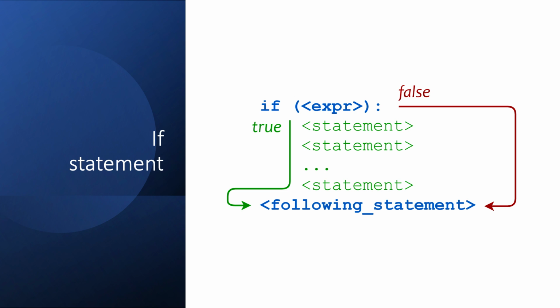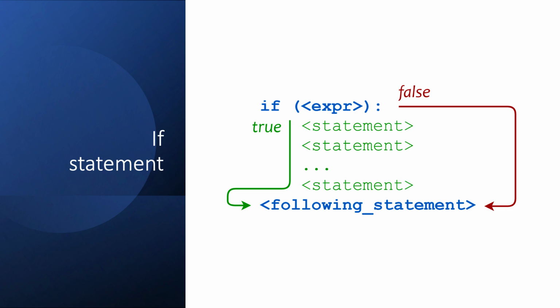If the condition expression evaluates to true, the program executes the block of statements indented within the if statement. These statements are executed sequentially, as indicated by the green arrow pointing from one statement to the next. Once all the statements within the if block have been executed, then the program continues with the following statement outside the if block.